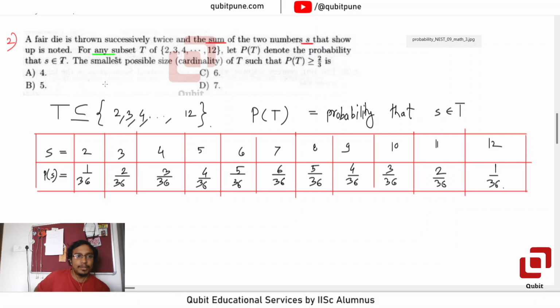I think P of T is the probability that S belongs to T. They have asked for the smallest possible size of T such that P of T is greater than or equal to 2/3. That means how many elements should T have? At least how many elements should T have so that whatever outcomes you have chosen, the probability will be greater than or equal to 2/3.